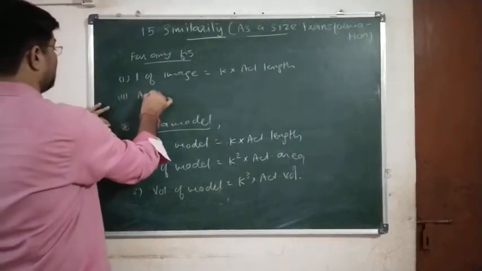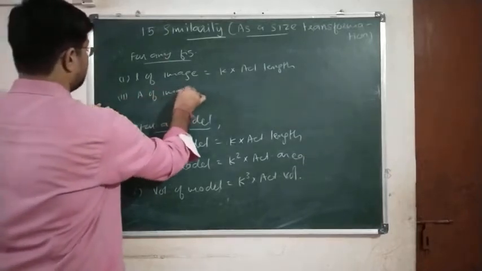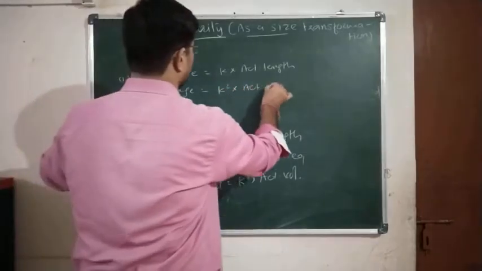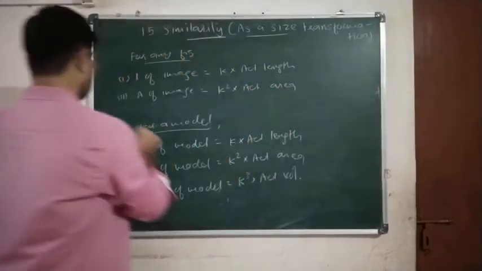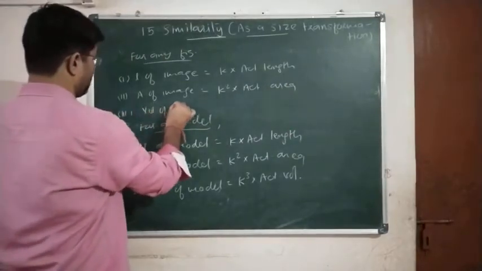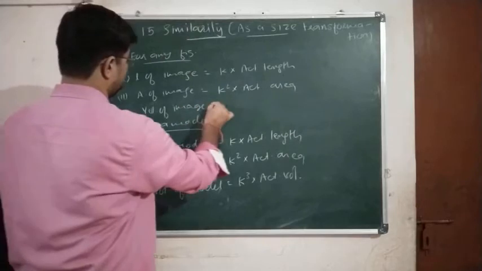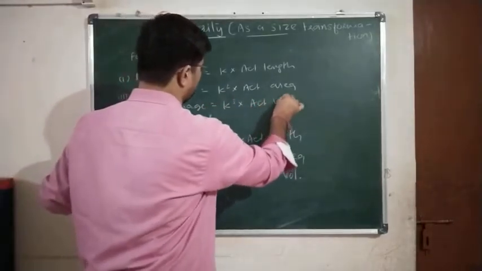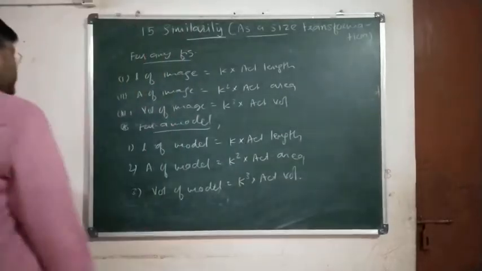Again, area of image is equal to K square into actual area, and volume of image is equal to K cube into actual volume.